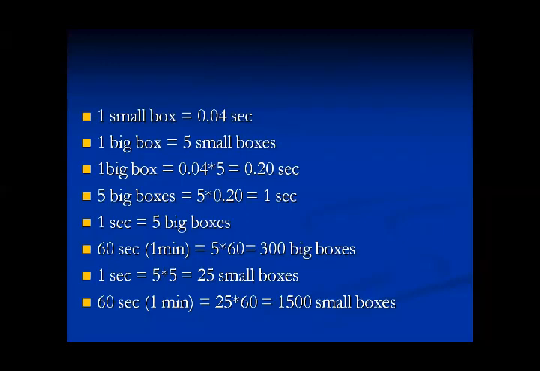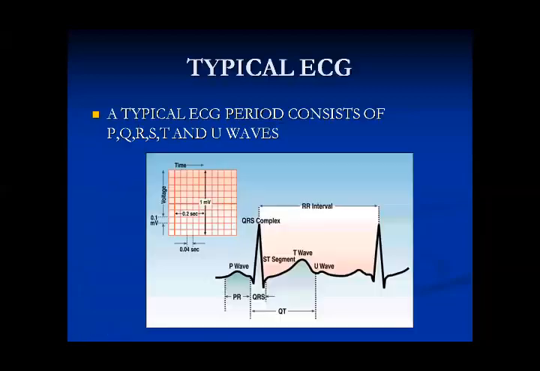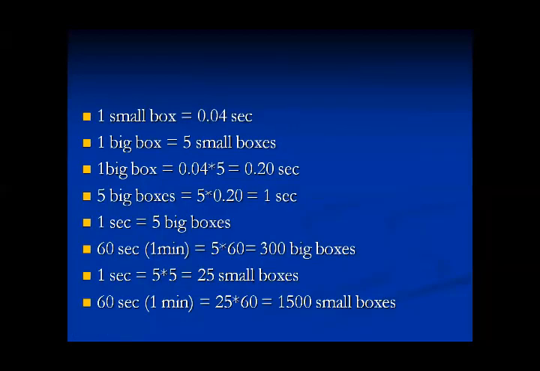One small box is equal to 0.04 seconds. Then one big box, which contains 5 smaller boxes, 1, 2, 3, 4, 5, would represent 0.20 seconds.